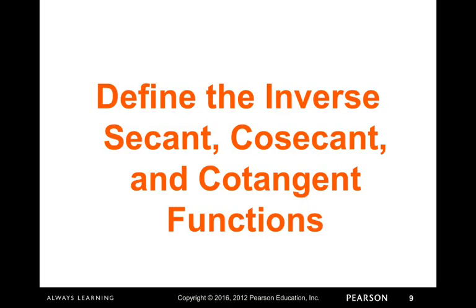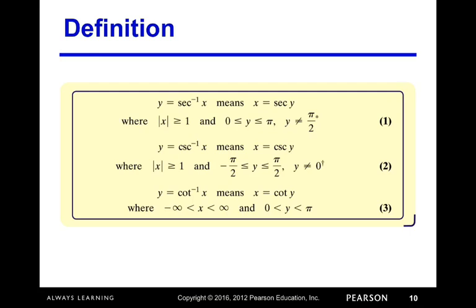Okay, define the inverse secant, cosecant, and cotangent functions. Alright, these same definitions apply as they did for the others. It's just that for these functions there are areas where the secant, cosecant, and cotangent are undefined. Cotangent is going to be just like tangent, essentially, because it has asymptotes at pi over 2 and negative pi over 2.